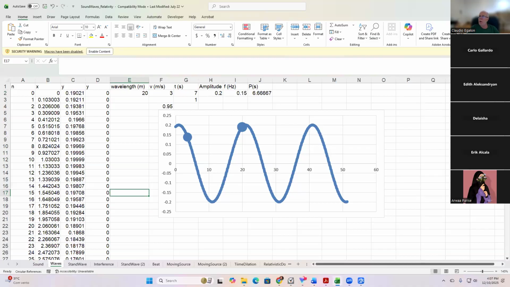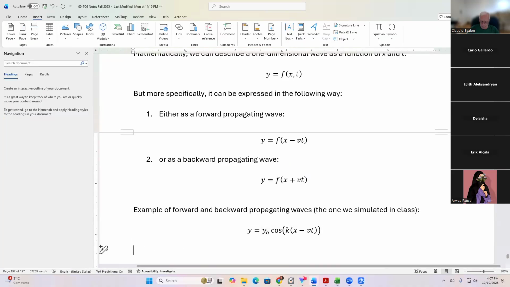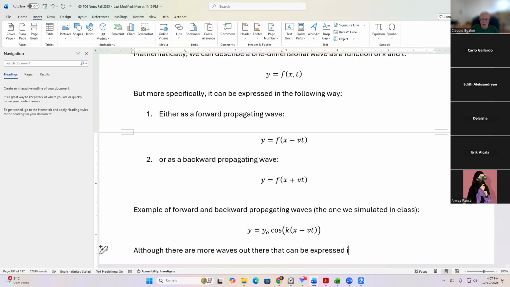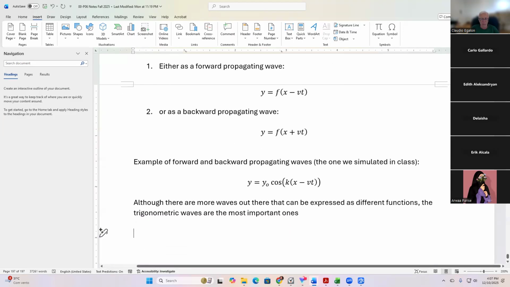That's the most important wave. Although there are more waves out there that can be expressed in different functions, the trigonometric waves are the most important ones. Okay, why is that? There's a reason why they're the most important ones.